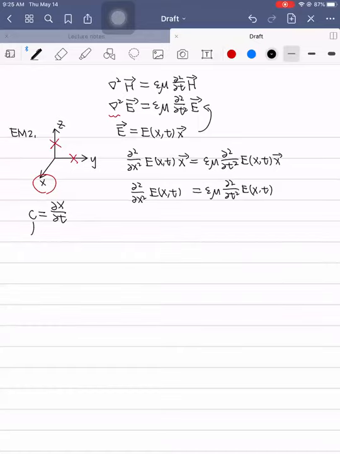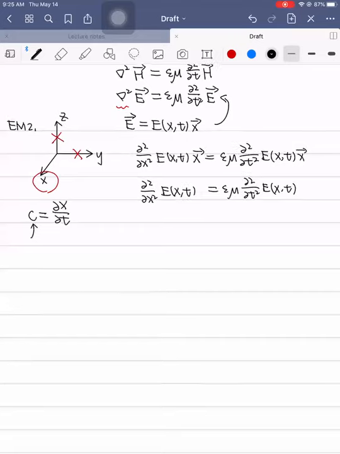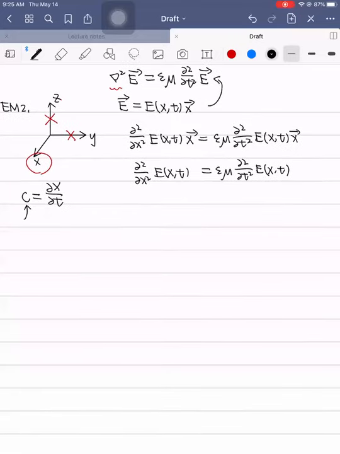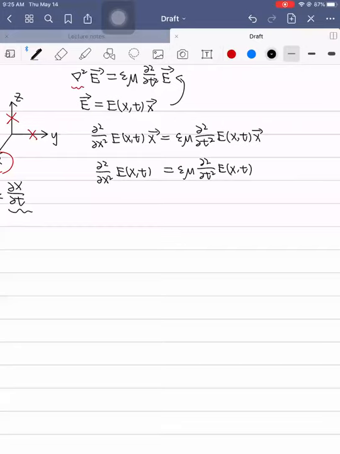So here the c is just a constant. It doesn't refer to the light speed. It's just a common speed. So we want to have this kind of factor in our equations, so we can find the relation of this equation to our light speed, our wave speed. So we can use the chain rule on the right-hand side.